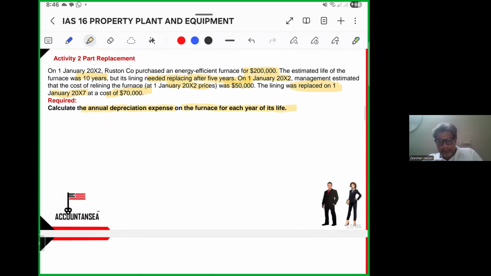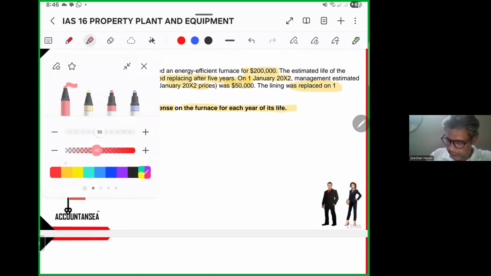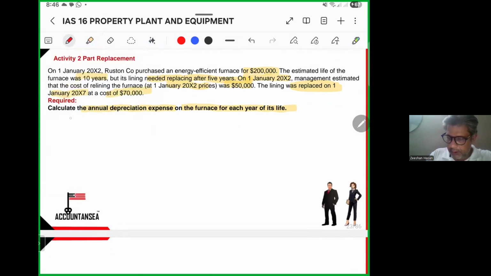So far so good. And now let's do this example. So we are doing it for the years 2000x2 to 2000x6 inclusive.